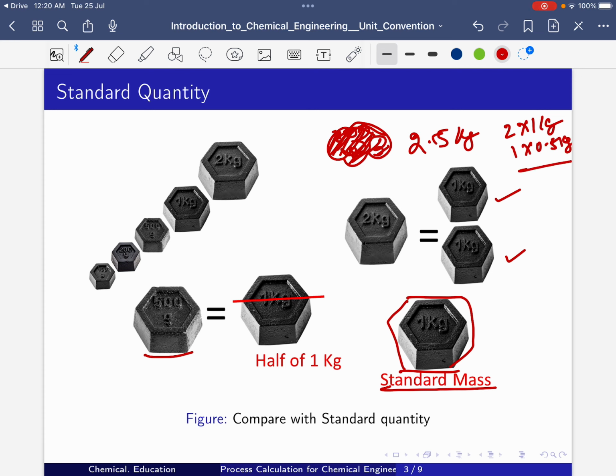So if we know the standard of 1 kg, we can do multiplication and division. We can get 2 kg or 200 gram, 100 gram, we can do that. So first we must know what we mean by 1 kg. If we know the standard 1 kg, we can calculate anything.